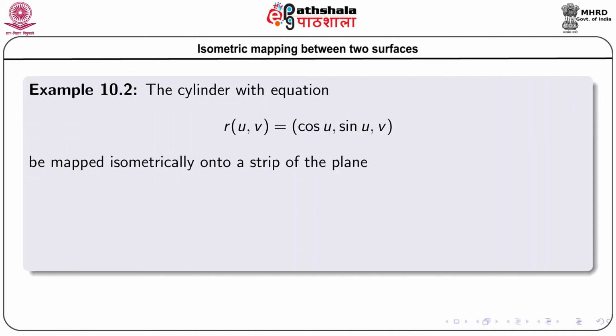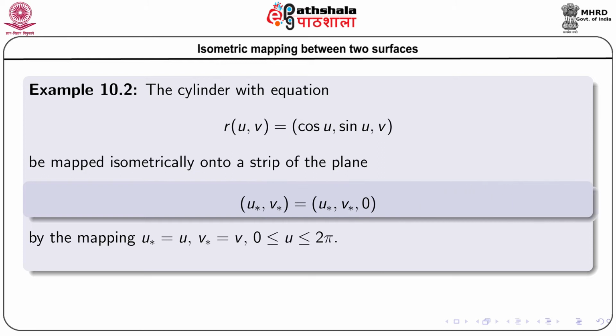For example, let us see the cylinder with equation R u v equal to cos u, sin u, v. The parametric equation of a cylinder is given by this, and if it is mapped isometrically onto a strip of the plane, u star v star equals u star v star 0, as it is a plane.